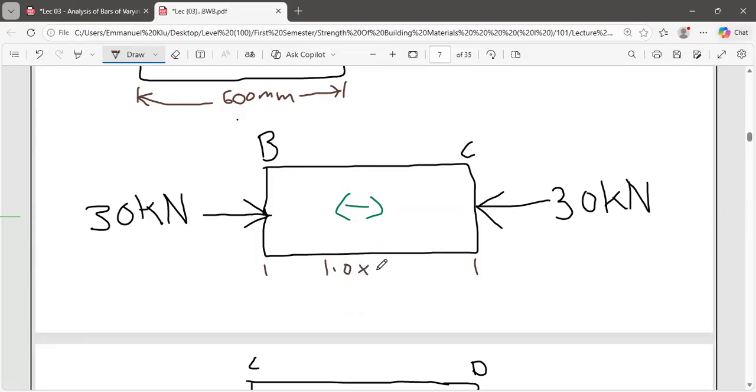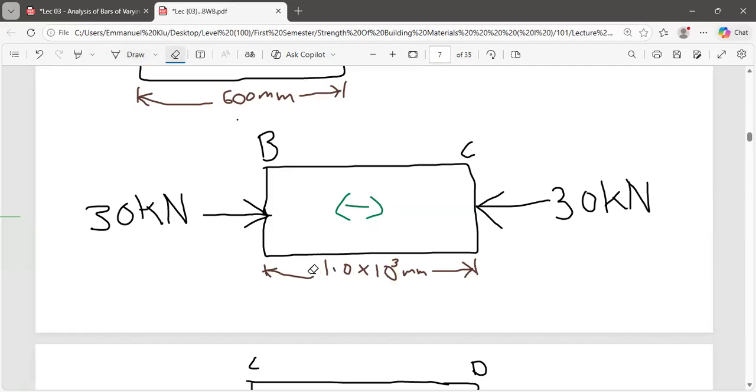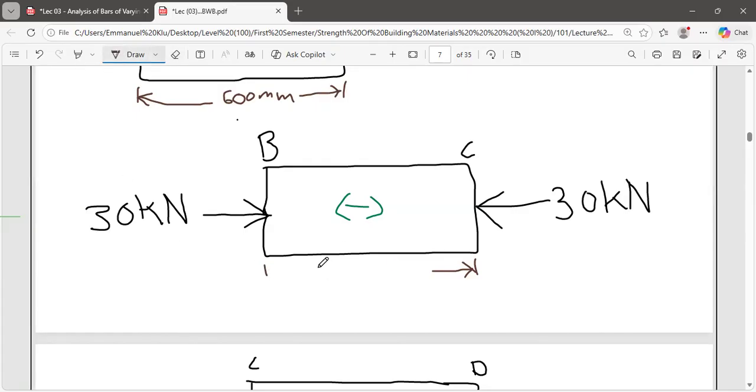Don't get confused, it is still the same thing. Let's represent it in millimeters, because you know that 1,000 millimeters give 1 meter. So if you want to convert 1 meter into millimeters, it's just a matter of 1,000. So let me write 1,000 millimeters over there.